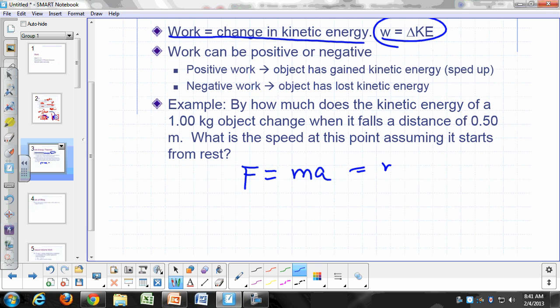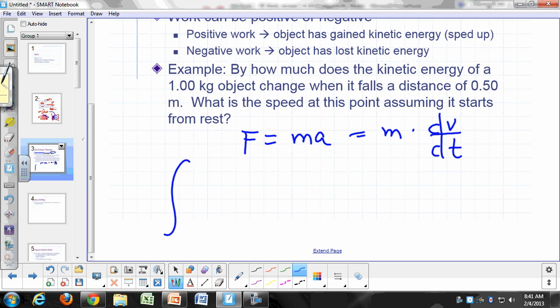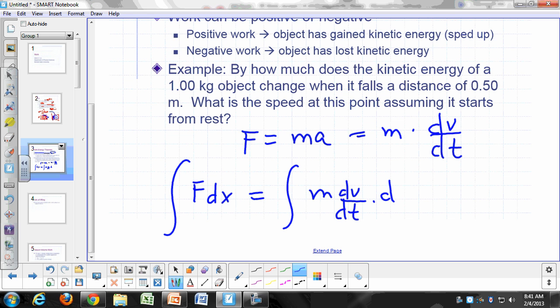And acceleration is the derivative of the velocity with respect to time, correct? So if you want to integrate F dx, that's going to be the integral of mass times the derivative of velocity with respect to time times dx, right?